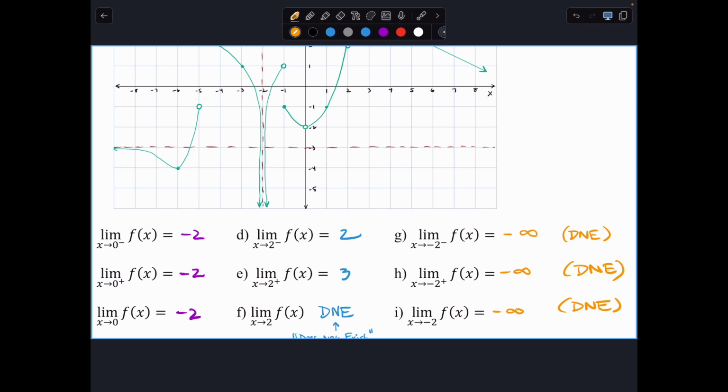I don't know, we could even just look at 1 over x, right? So for 1 over x, the limit as x approaches 0 from the left of 1 over x would be equal to negative infinity, which is DNE.